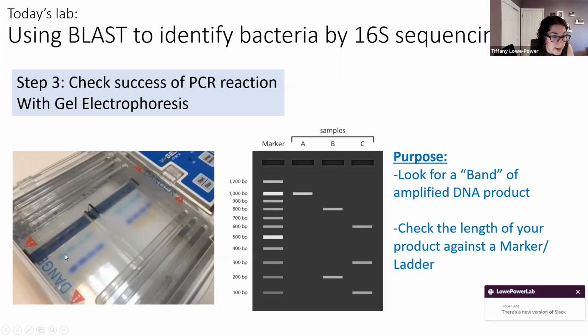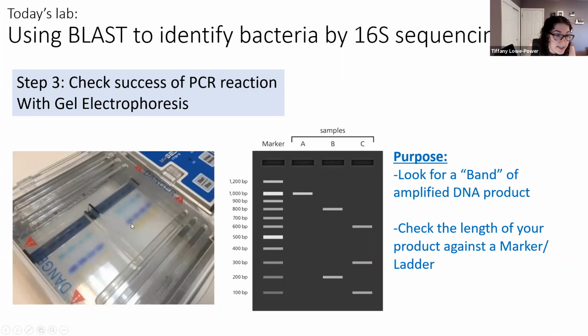You would pour this and let it polymerize, and you would have a comb that would have gone into the top of the gel. This just serves to make little divots in the gel so that we can load our DNA sample.